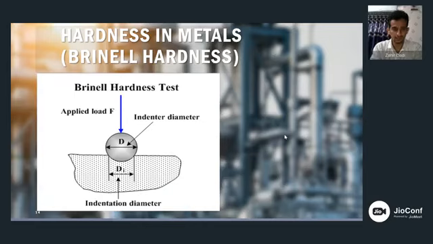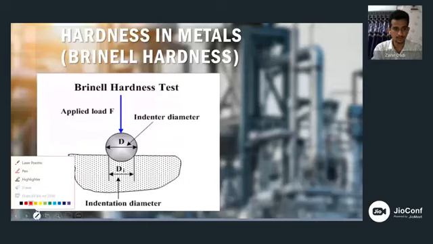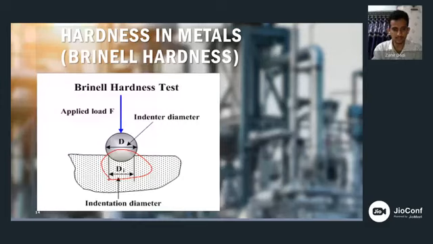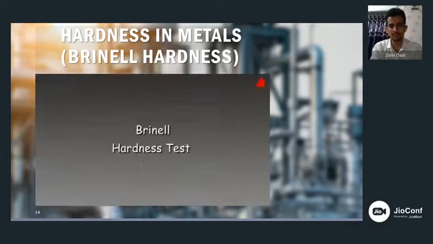Then after calculation, you can see here the diameter d1. This is the surface area in which the indenter has penetrated, and from that we can derive hardness. To better understand hardness, let's see how hardness is performed on a material.